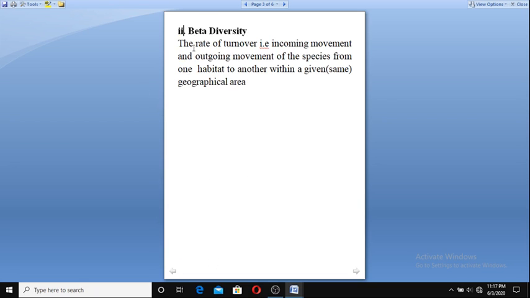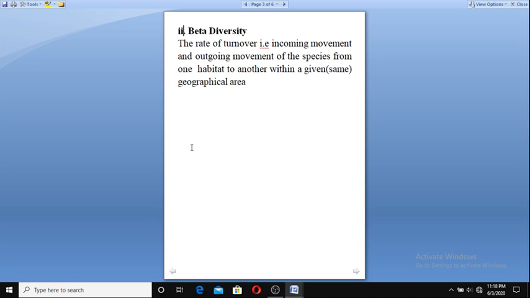Whereas beta diversity means, if a butterfly moves from one area to another area of the same geographical area, the rate of turnover or incoming and outgoing of species from one habitat to another habitat within the same geographical area.